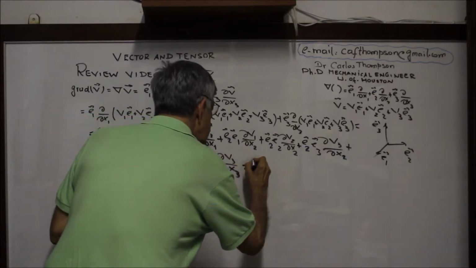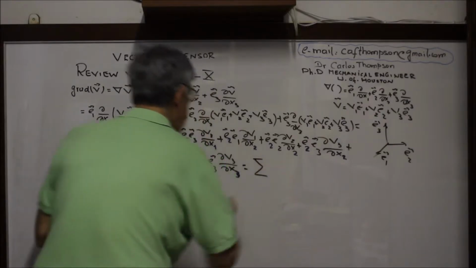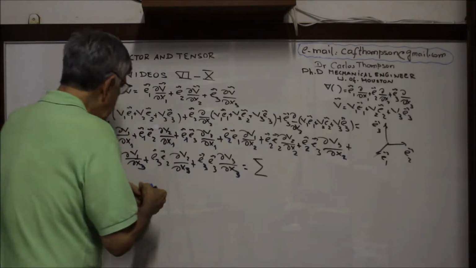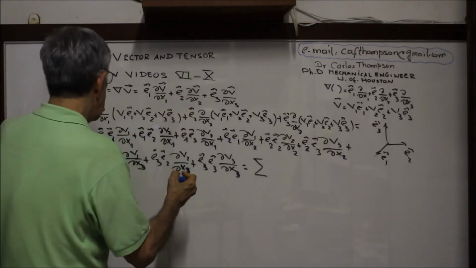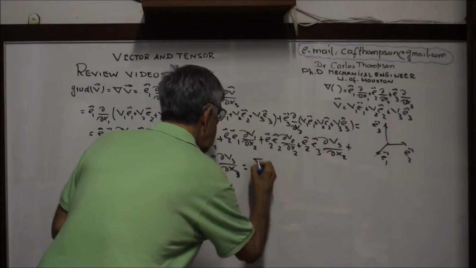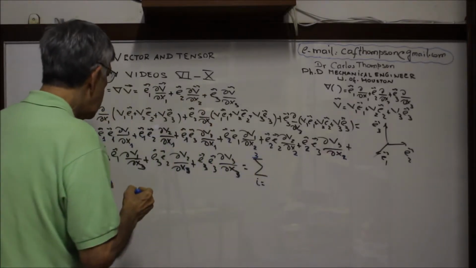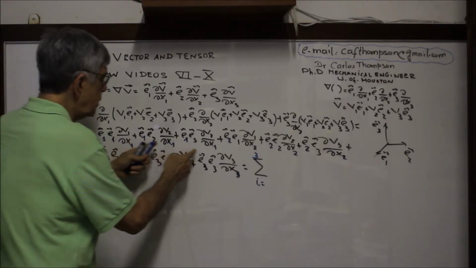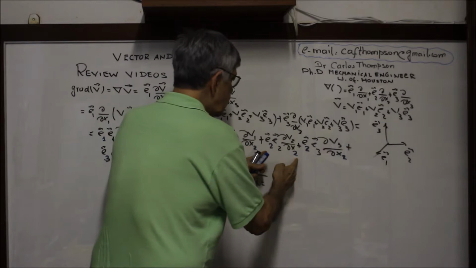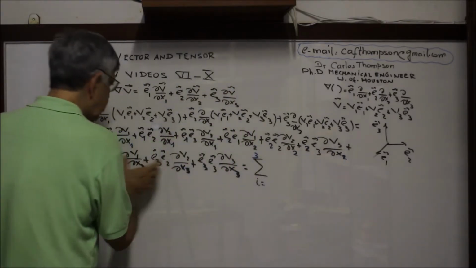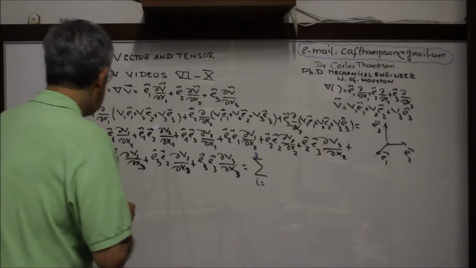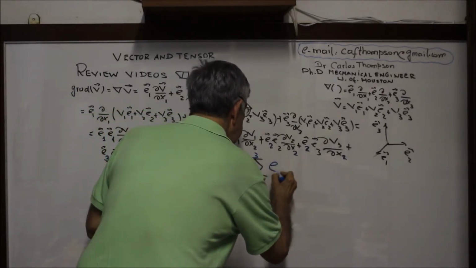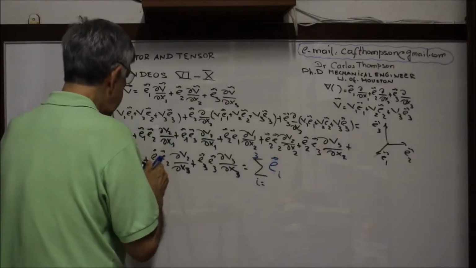I sum what? You see, look, I put i, for instance, i equal 1 to 3 of. Now, you see, this is 1, 1, 1, 1, 1, 1. This is 2, 2, 2, 2, 3, 3. Now, I'll put ei, okay.